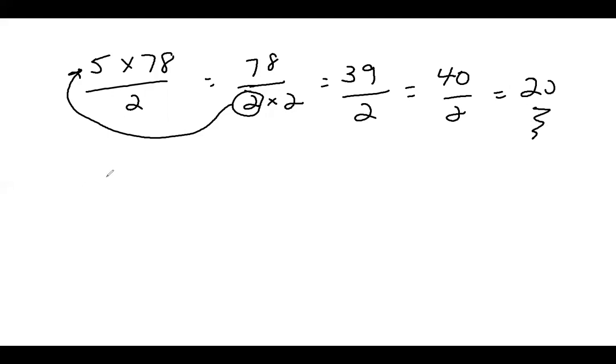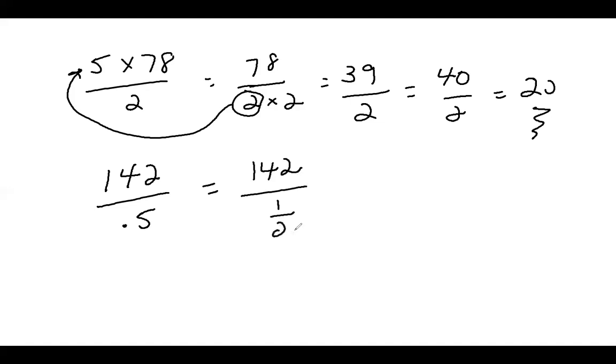If we have something like 142 divided by 0.5, this is the same as 142 divided by a half. So now we want to get that 2 out of the denominator. If we multiply this whole thing by 2 over 2, that's just multiplying by 1. 2 times a half cancels out.